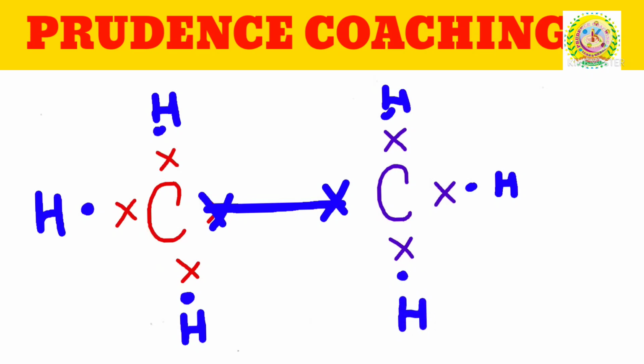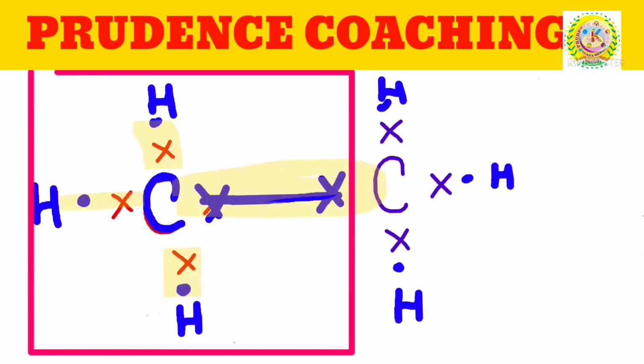Now, if we look at this particular carbon, how many electrons are there after sharing its electrons with carbon and hydrogen? Here you can see 2 electrons, here 3, 4, here 5, 6, 7, 8. Now this carbon has 8 valence electrons.